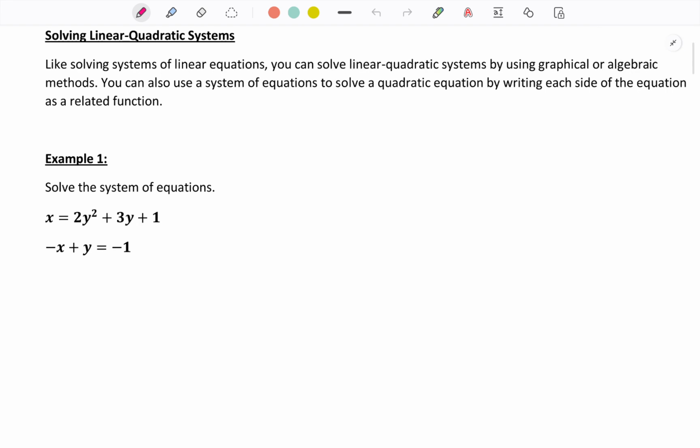So on example 1 here, we are given two equations, and one of them is quadratic, and we know that because it has that exponent of 2. It is solved for x, and so for this one, I'm actually going to use substitution.